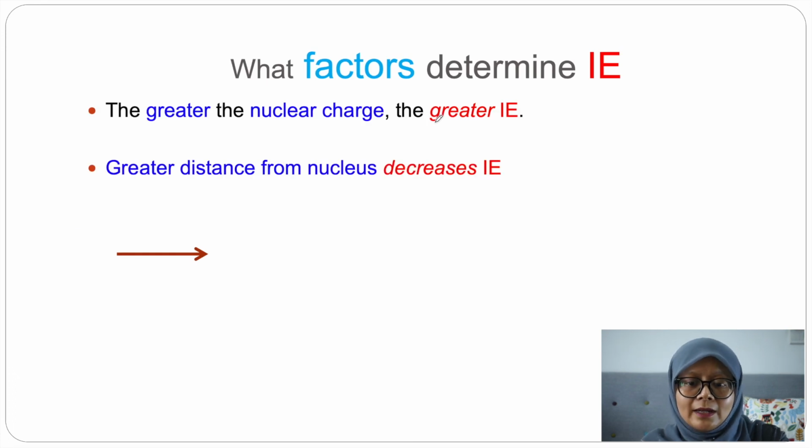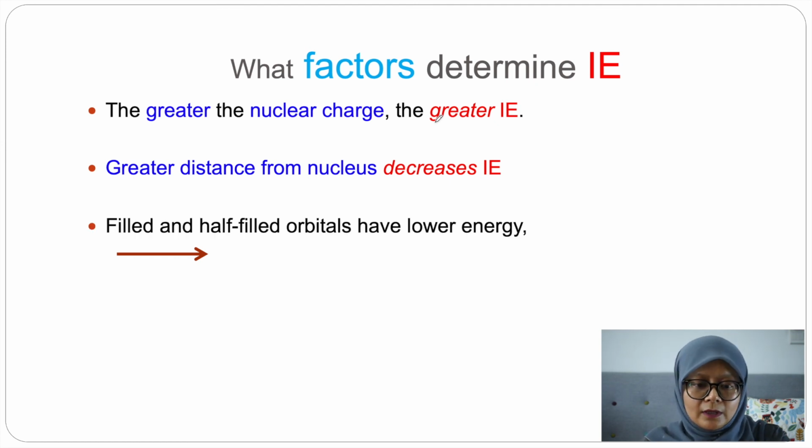So what are the factors that determine the ionization energy? The first one is the nuclear charge. The higher the nuclear charge, the greater the ionization energy. Then the distance from the nucleus, which is also related to size; a greater distance decreases the ionization energy.